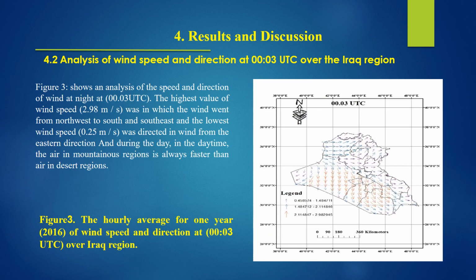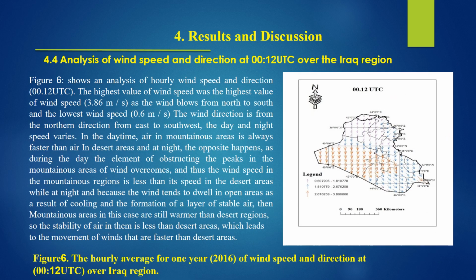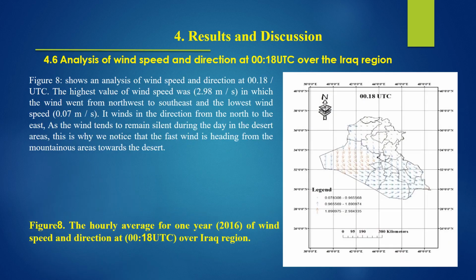And at 3 o'clock, the highest value of wind speed was approximately 3 meters per second, from north. The same is shown at 6, 9, 12, 15, and 18 o'clock, where the lowest wind speed was 0.7 meters per second.